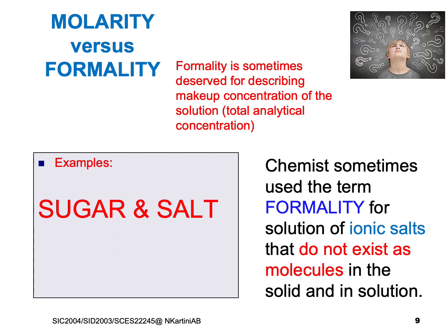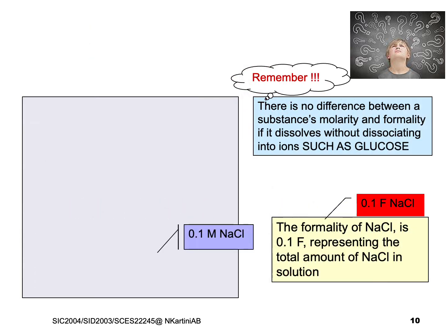But the difference between these two substances is that sugar, when it dissolves in water, will not dissociate. But salt, when it dissolves in water, will dissociate into sodium ion and chloride ion, for example. So this is how you differentiate the molarity and formality of these two substances.